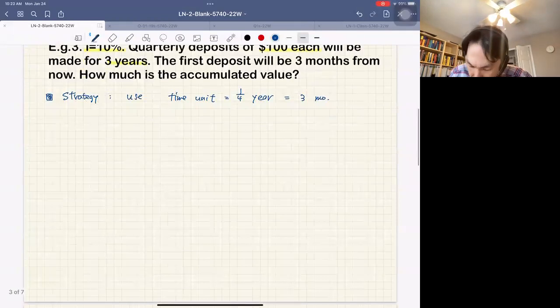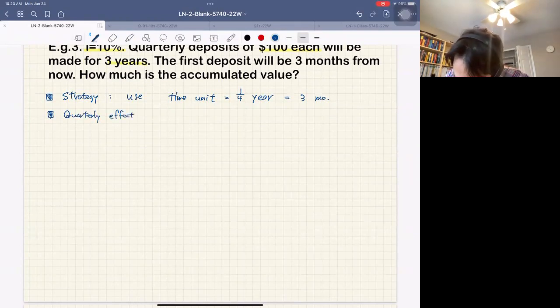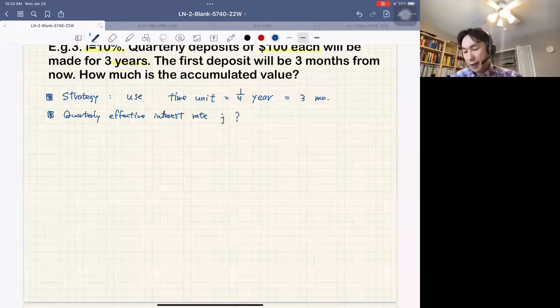At first we have to identify what the quarterly effective interest rate is. So we write this as j.